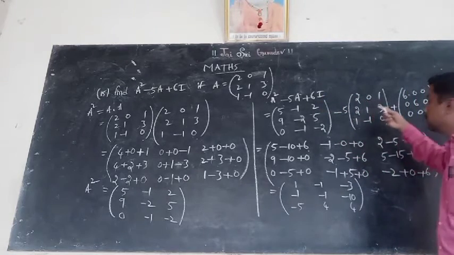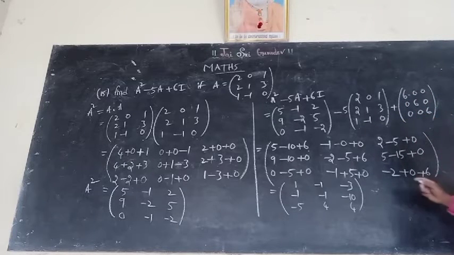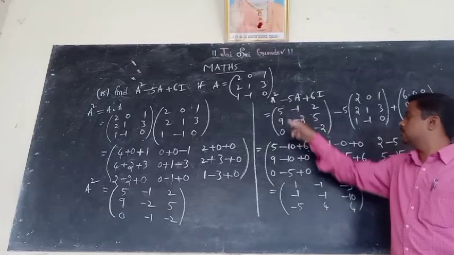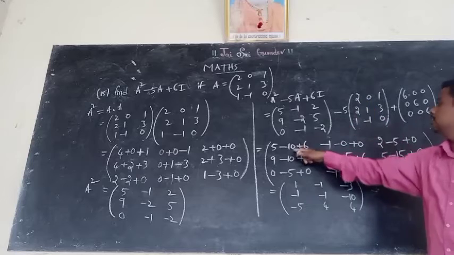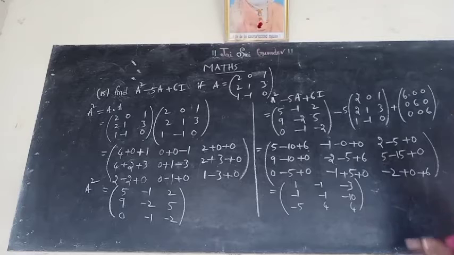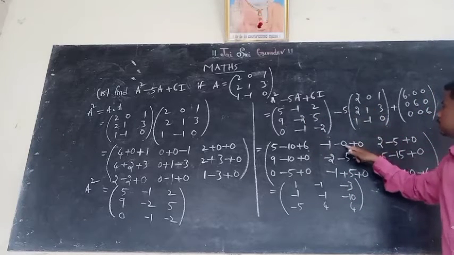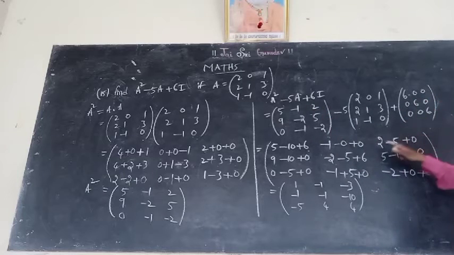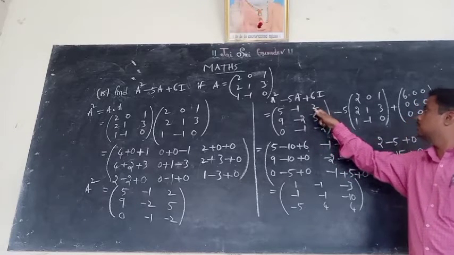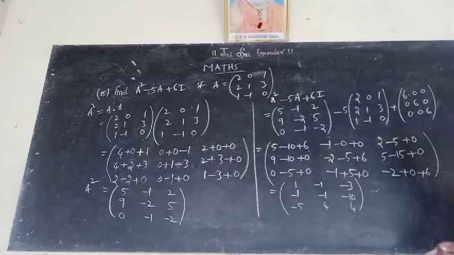So 6 into identity matrix is 6 0 0, 0 6 0, 0 0 6. So multiply, add and subtract the corresponding elements. 5 minus 5 twos are 10 plus 6; minus 1 minus 5 into 0, 0; next 2 minus 5 into 1 minus 5. Like that I have to add and subtract, and we will get this answer.